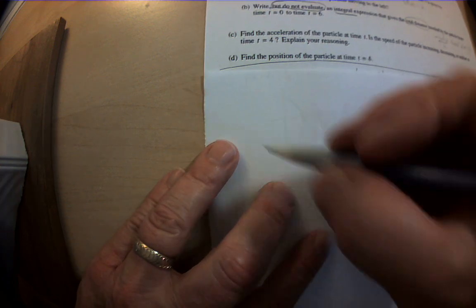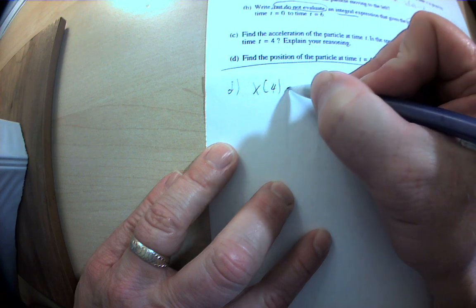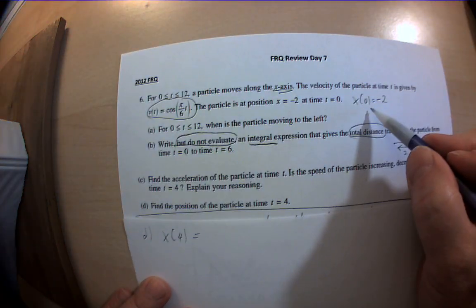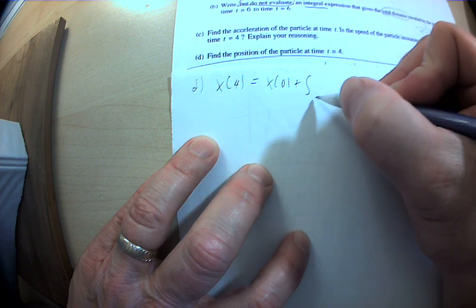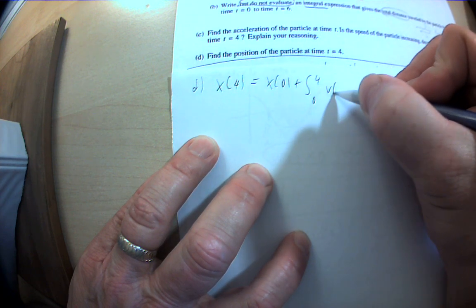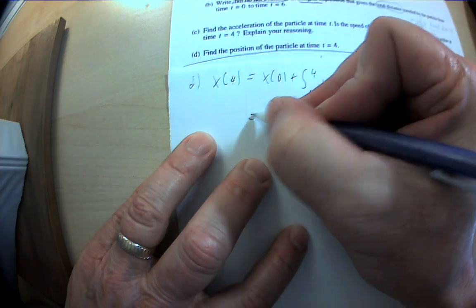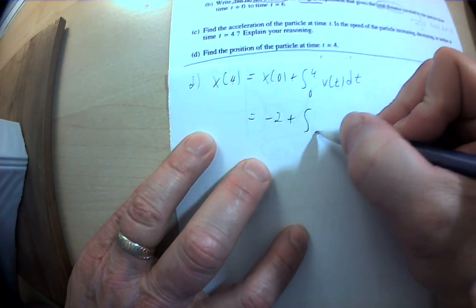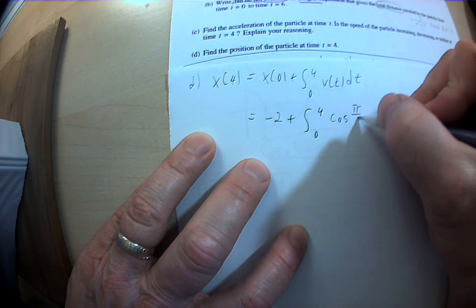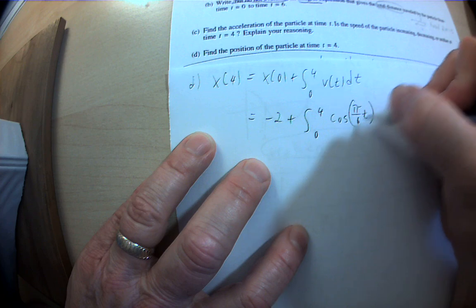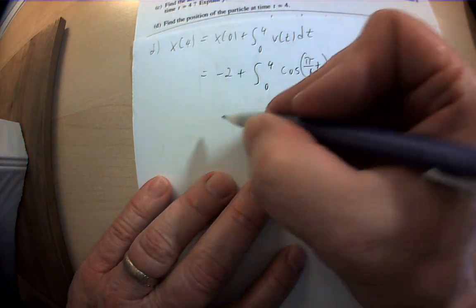They want the position of the particle at time 4, so they want x of 4. Well, I know the initial value, x of 0. So it's x of 0 plus the integral from 0 to 4 of v of t dt. So it's going to be negative 2 plus the integral from 0 to 4 of cosine pi over 6 t dt. The integral of cosine is sine.